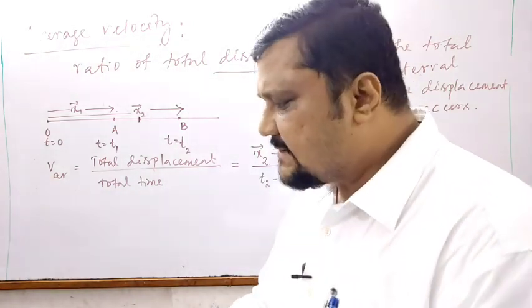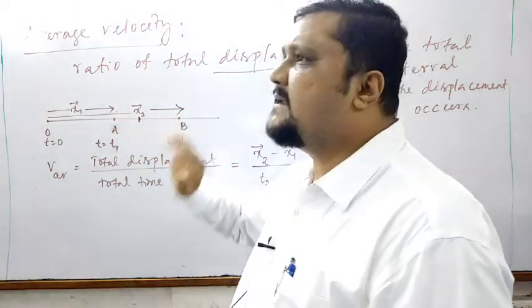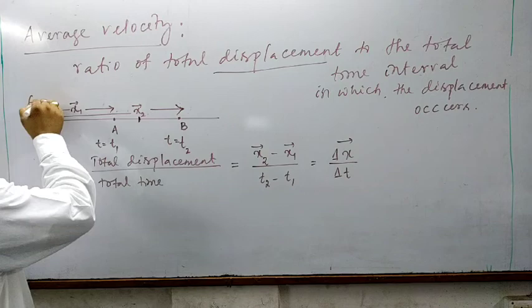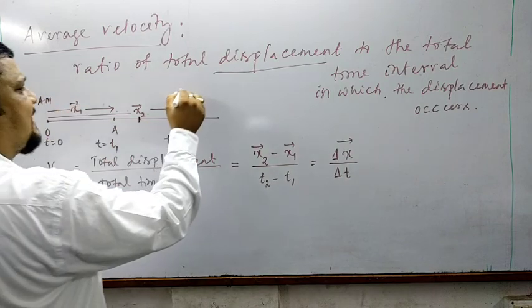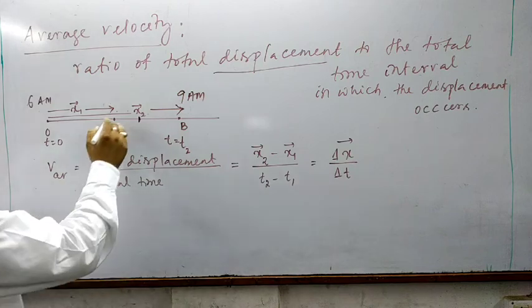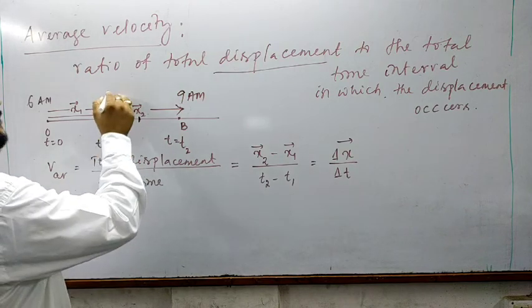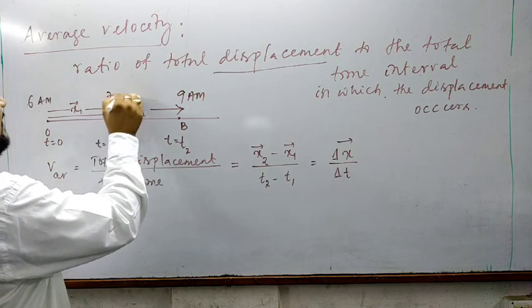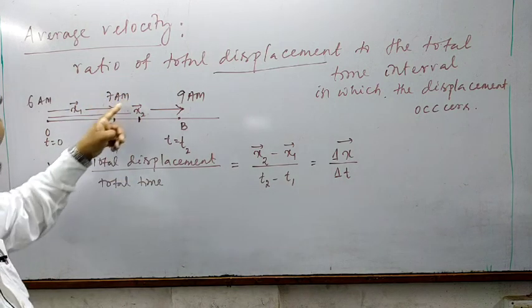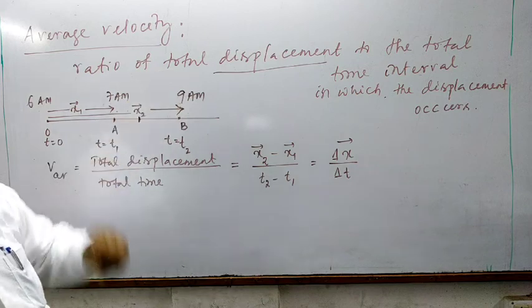So at 6 you start and you reach the market, suppose at 9. So you start from 6 a.m. and reach the market at 9 a.m. But in between there is your friend's home. You reach there at 7 a.m. and you rest there for 1 hour, then you start from there.